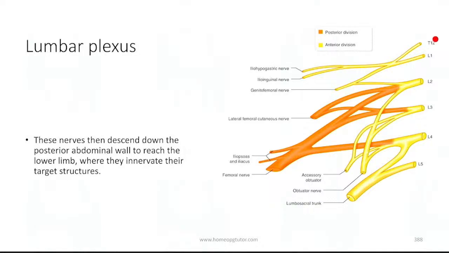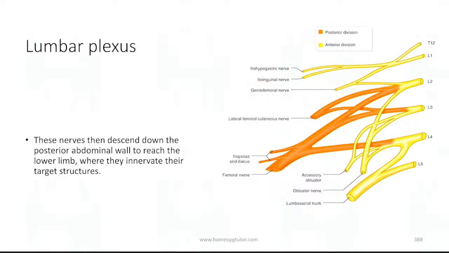We have T12 and L1 which join together to give out two branches, that is ilioinguinal and iliohypogastric nerve, and also this upper trunk gives off a branch which connects with the anterior division of L2 to form genitofemoral.